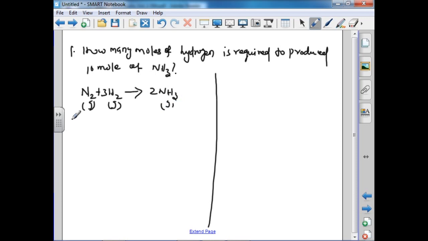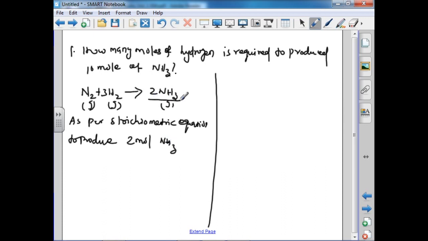As per the stoichiometric reaction, to produce 2 mole of ammonia, 3 mole of hydrogen are required.